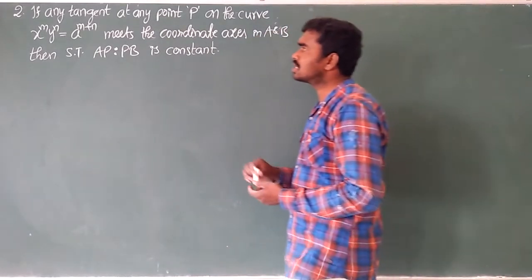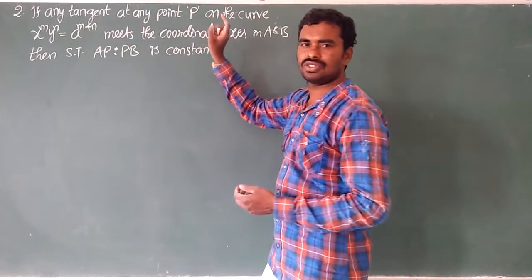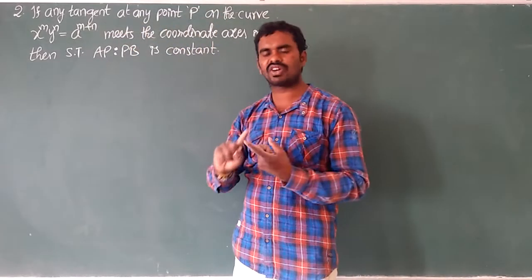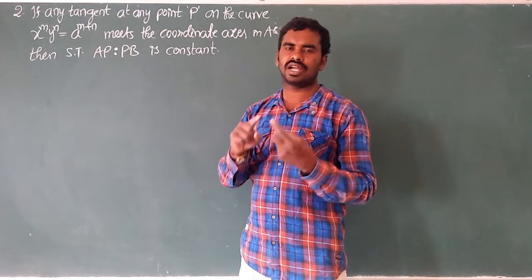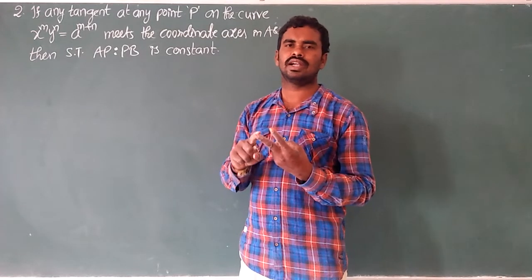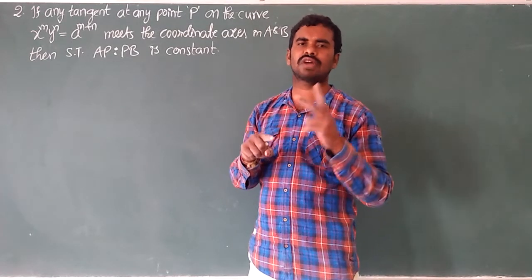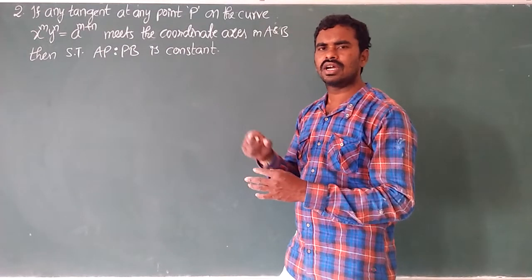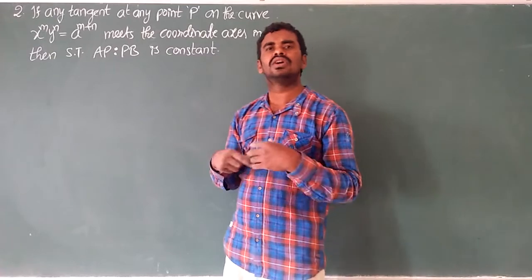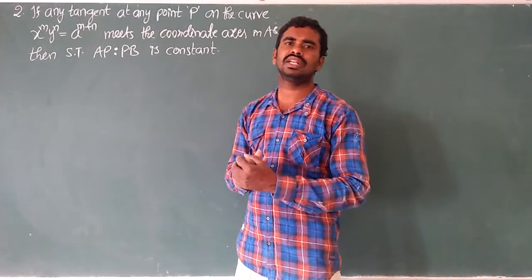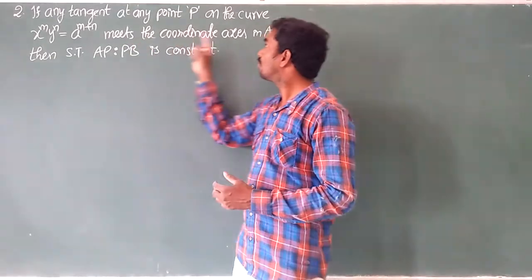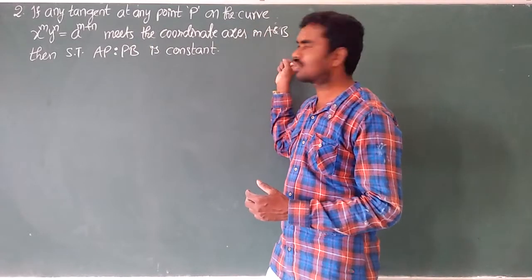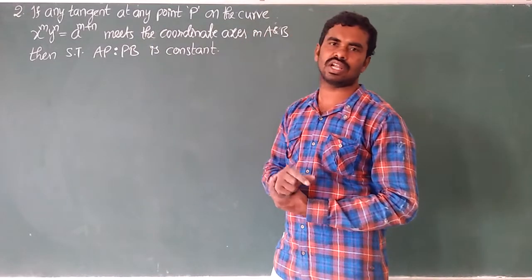So what is the question here? Tangent at any point. Tangent means we must first find the slope, and we need a point. Using the point and slope we can find the tangent equation. After getting the tangent equation, transform it into intercept form. Then you can get point A and point B. After that, find the ratio between those points.